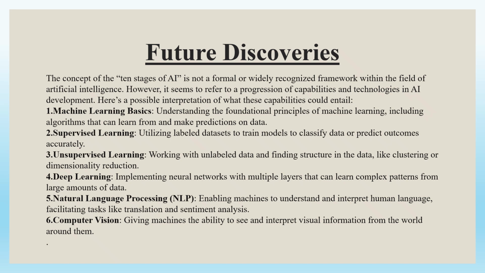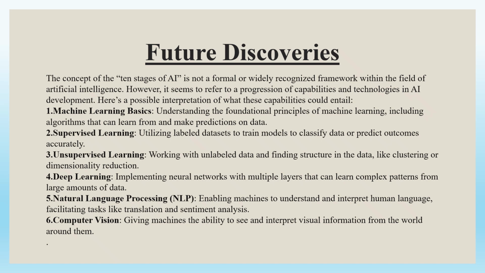But assuming that we have the 10 stages as we described, what do we need other than that? Here I'm listing some of the future discoveries that need to be developed in order for the scientists to come up with the 10 stages as they defined. The first one is machine learning basics.